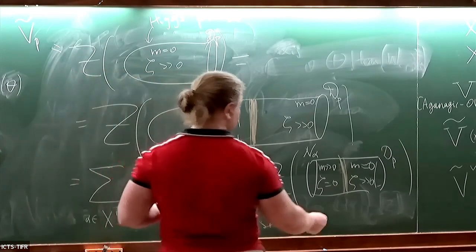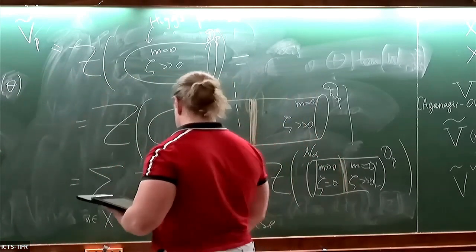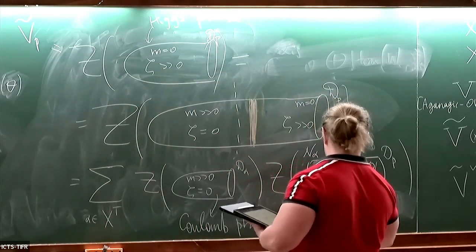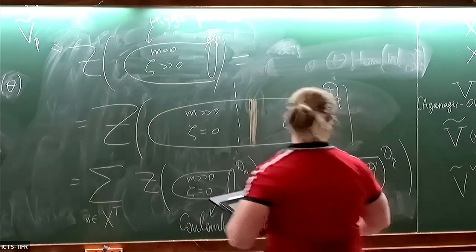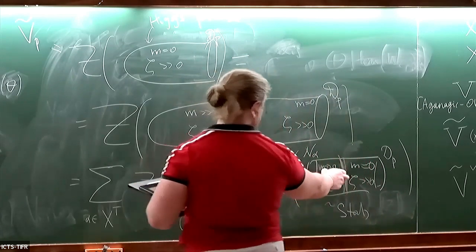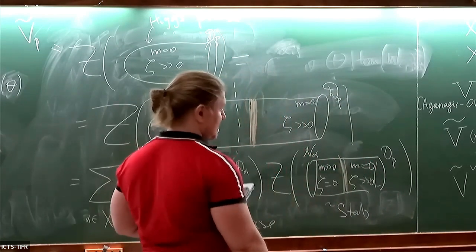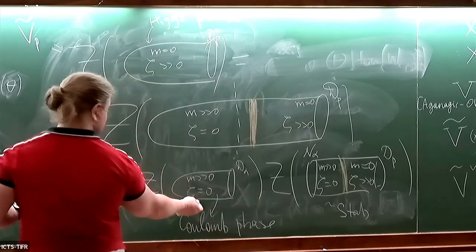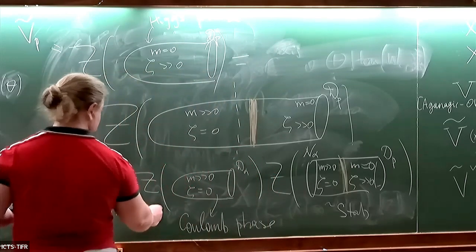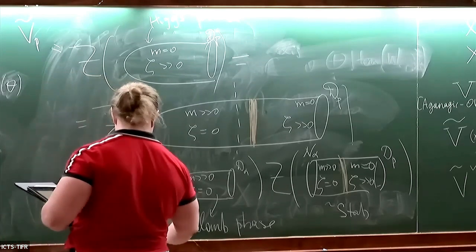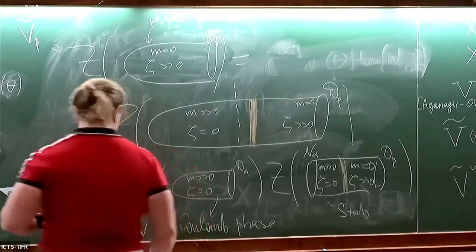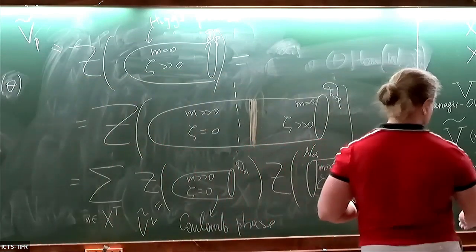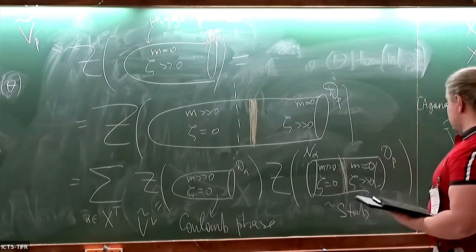And this one is proportional to the stable envelope, because as I explained last time, this Janus interface is what realizes the stable envelope. Now, this partition function in the Coulomb phase is actually what V dual is. This is just the vortex function for the Coulomb branch.